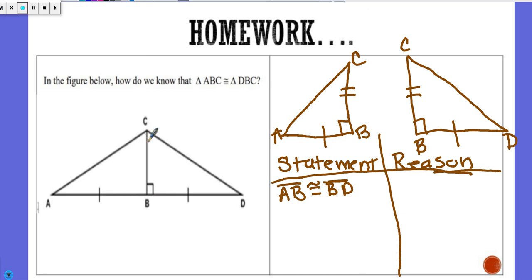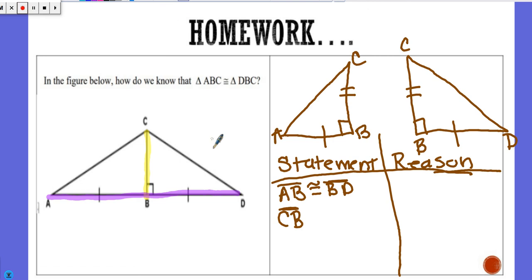And then this line CD right here serves two purposes. So line segment CB, since it crosses this line, let me highlight it. Since CB crosses line AD, and if you notice it cuts it right in the middle because it splits these two in half, and it cuts it at a 90-degree angle.